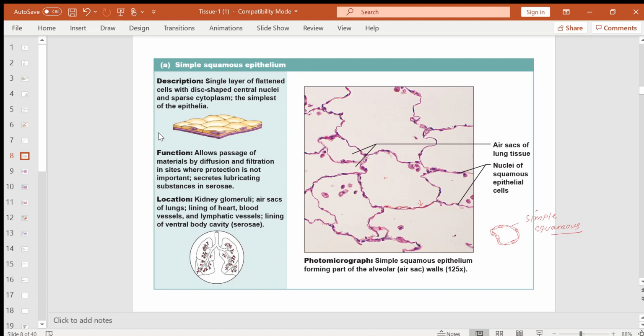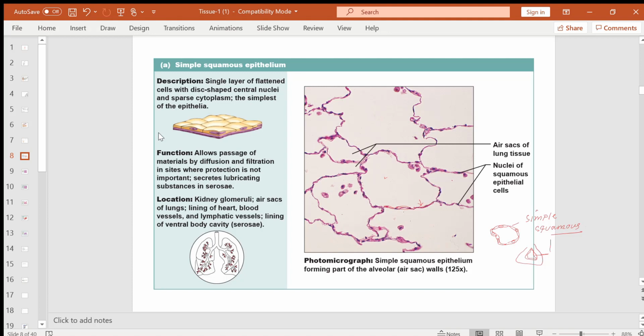Another important area where you will find the simple squamous, you remember the wall of the heart. This is the heart and this is the wall, and the innermost lining is formed by a single layer of squamous cells. So this is also simple squamous. Inner lining of the heart, and this inner lining makes the inner surface of the wall of the heart smooth.